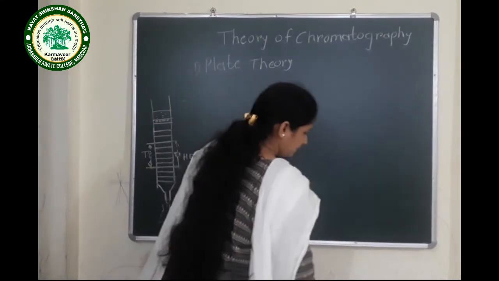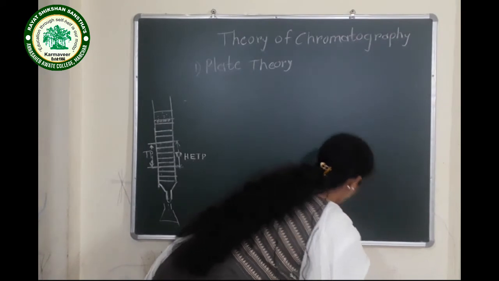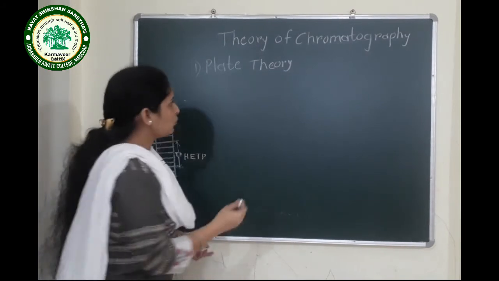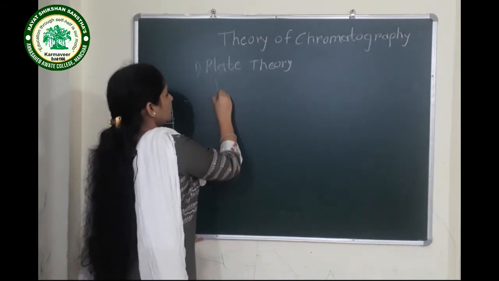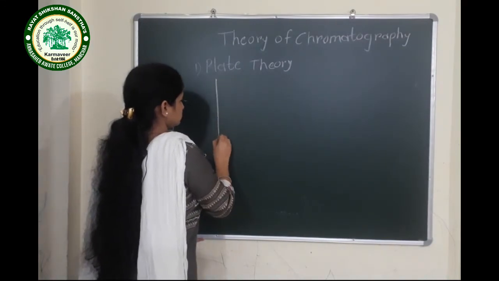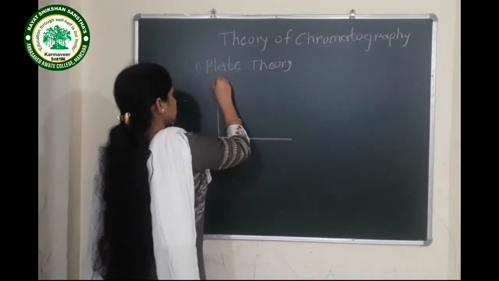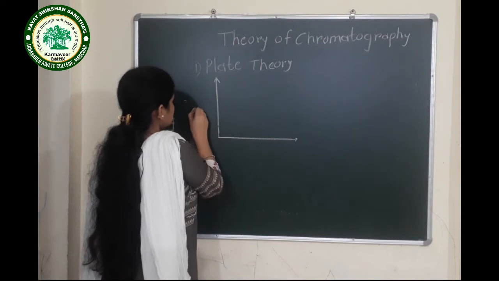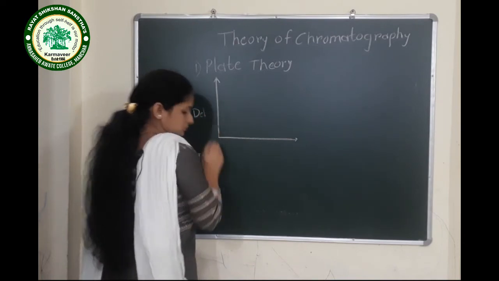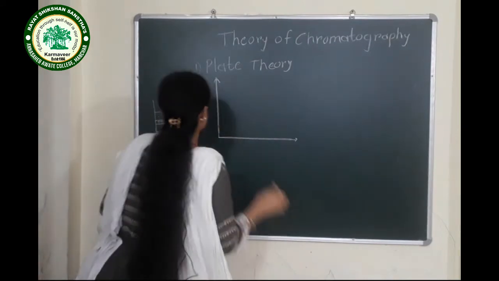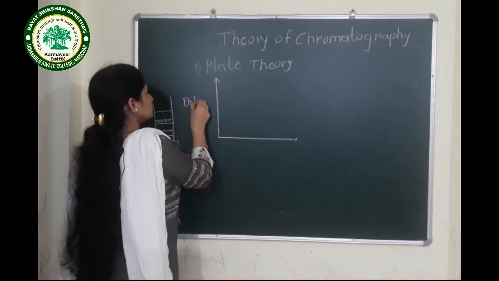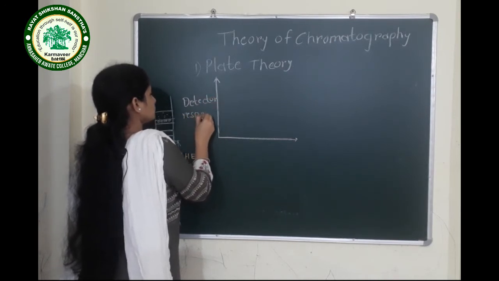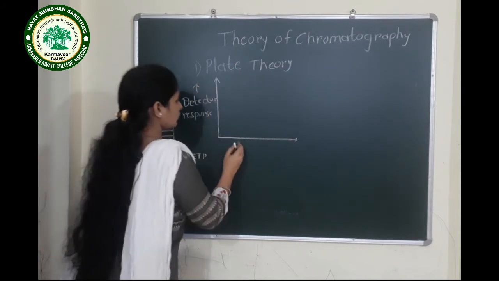Now this HTP can be determined from the chromatogram. Okay, this HTP value can be determined from the chromatogram. We will plot first the chromatogram. This is the detector response versus time.